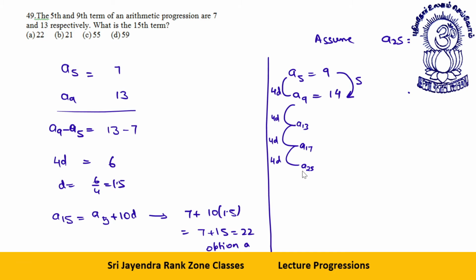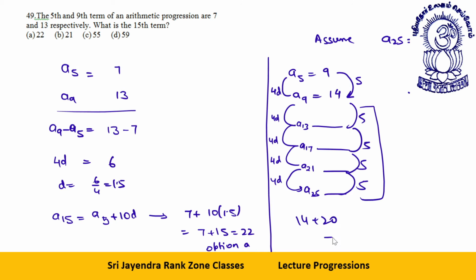So I move again 4D, again 4D, again 4D, reaching A13, A17, A21, A25. I have added 4D four times. What is the value of 4D? 5. So you have to add 5 four times to A9. 14 plus 20, that is 34. This is A25.